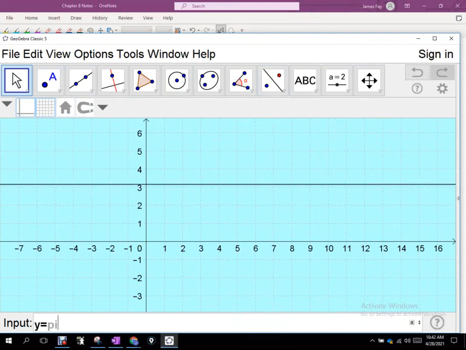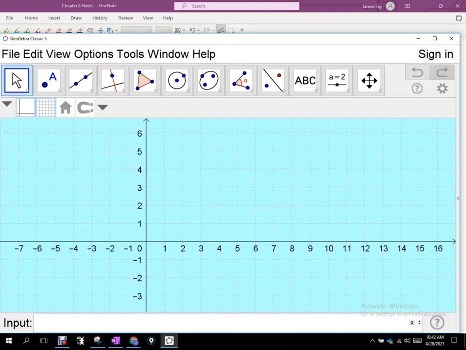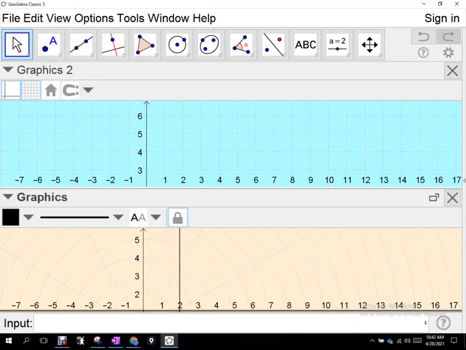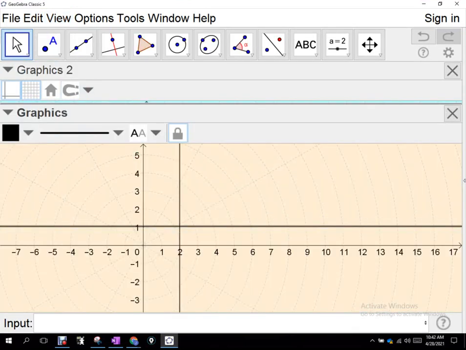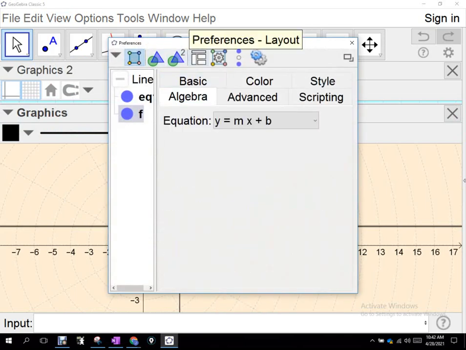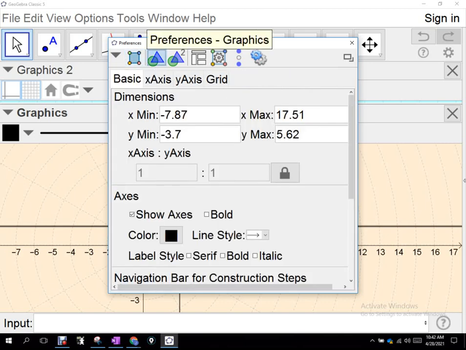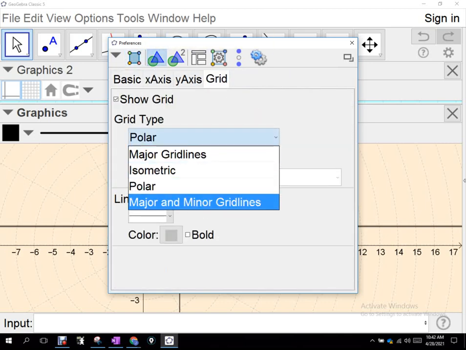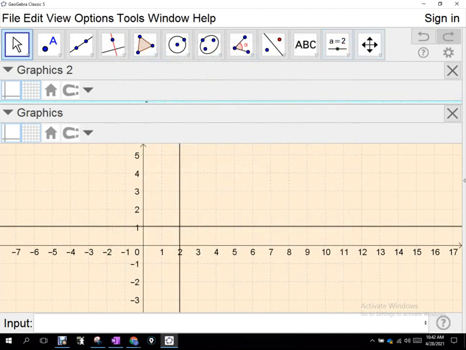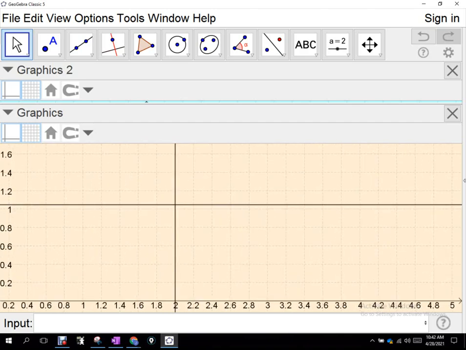You can go up pi over 3 units. So you can plot that, and it will give me that position right there. Does that make sense? Okay.